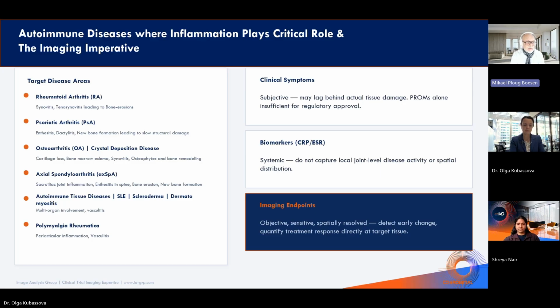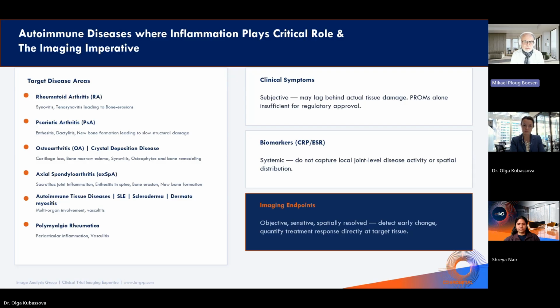And just highlighted here are some of the more prevalent ones that are on the market: rheumatoid arthritis, psoriatic arthritis, osteoarthritis, axial spondyloarthritis, as well as some of the autoimmune tissue diseases, lupus, scleroderma, dermatomyositis, and also idiopathic myopathies, as well as polymyalgia rheumatica. And in all of these areas, there's no such thing as one size fits all.